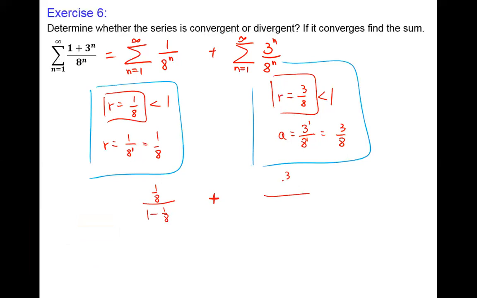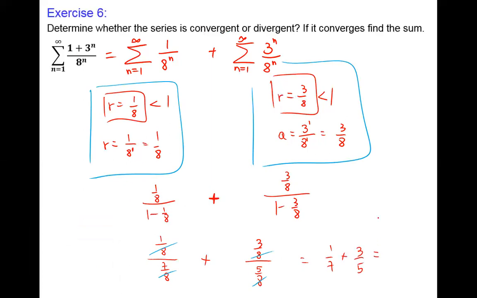The first term is 3 over 8, over 1 minus 3 over 8; for the other, the common ratio is the same, 1 over 8, over 1 minus 1 over 8. That's 1 over 8 and 7 over 8, 3 over 8 and 5 over 8. That's what I have. I can simplify: 1 over 7 plus 3 over 5.